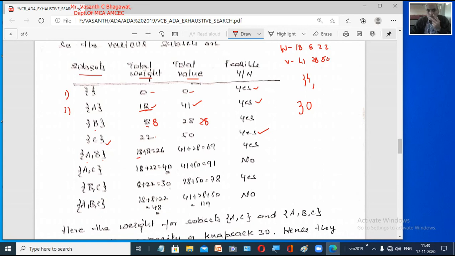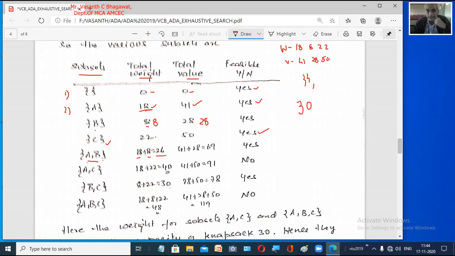So the total weight is 18 plus 8, which is 26. Now similarly find the profit. The profit for item A is 41, and for item B the profit is 28. When you add both, 41 plus 28, you get 69. So the total profit is 69.